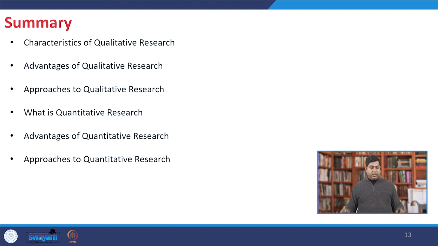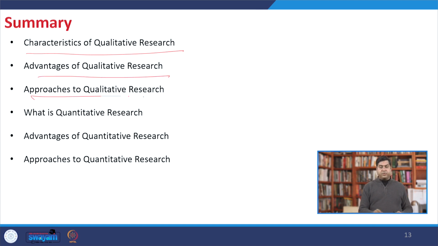So with that, we are summarizing today's lecture. Here we understood the different characteristics of qualitative research, its advantages, and different approaches like grounded theory, ethnographic, focus group discussion, case study method, etc. Similarly, we also understood what quantitative research is and its advantages, that there is much more trust in this approach because it is quantifying the results.